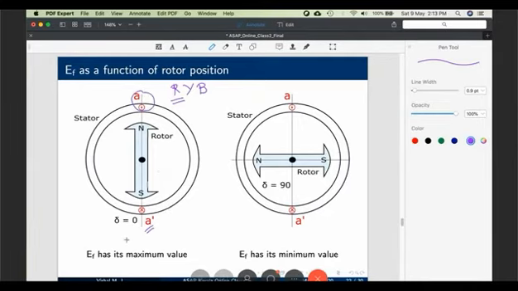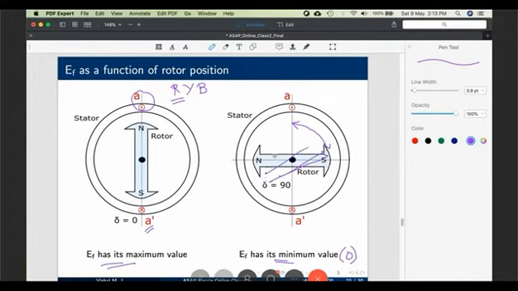The phase voltage EF has its maximum value when the rotor is vertical, with north pole upwards. EF has its minimum value, minimum in the sense of 0, not minus EF, when it is horizontal like this. Between this value and this angle, it traces a sine wave, from 0 to 90 degree. So if the rotor position is like this, it will have some value in between these two values.